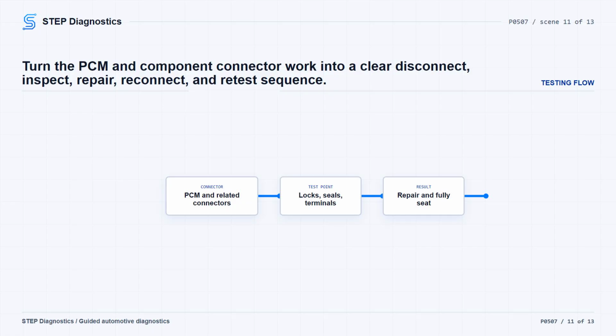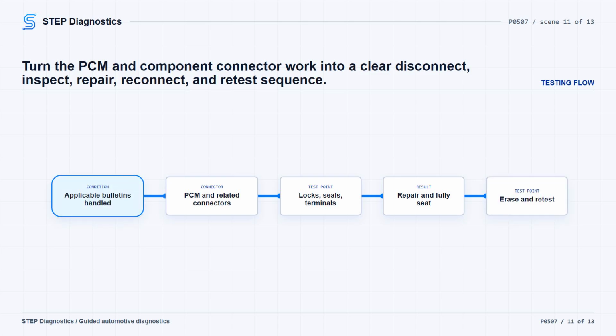Check the connectors and terminals for proper seating and installation, damaged locks, corrosion or water intrusion, seal damage, bent terminals, heat damage from a poor connection, push-back terminals, spread terminals, and proper terminal tension. Repair any conditions you find. Then reconnect the PCM connectors, any inline connectors, and the related component connectors, making sure everything is fully seated and the locks are fully engaged.